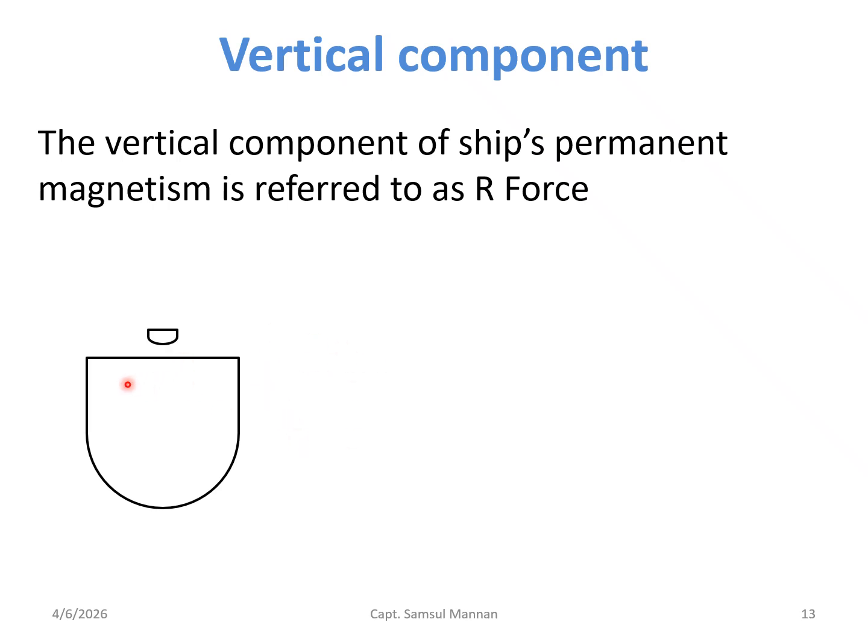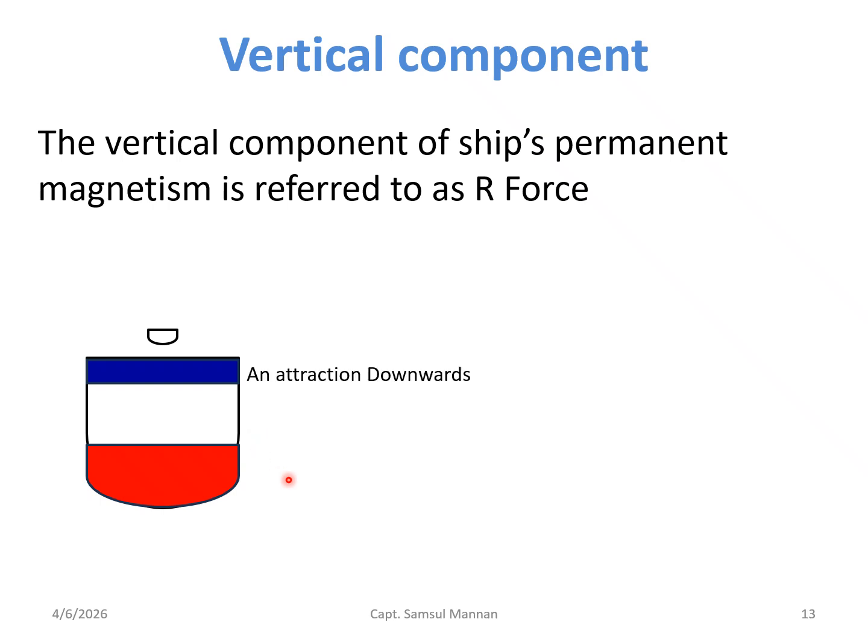So here you see, if it's plus R force, at that time we'll get an attraction downward, but this attraction will not create any kind of deviation curve, right? So in all headings the attraction will be downward, right?